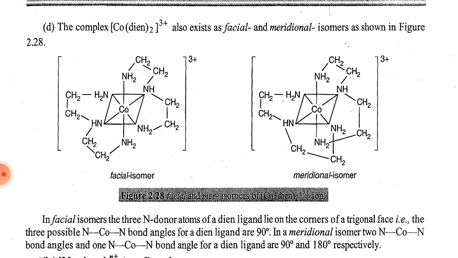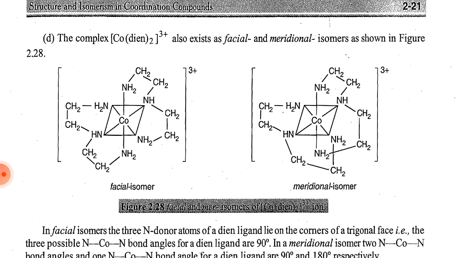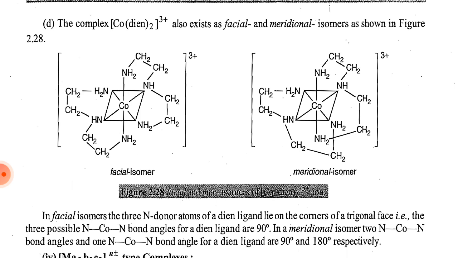The complex Co(dien)2 3 plus also exists as facial and meridional isomers. This is the facial isomer, and this one is the meridional isomer.